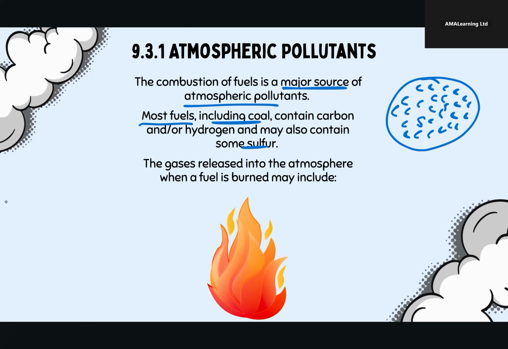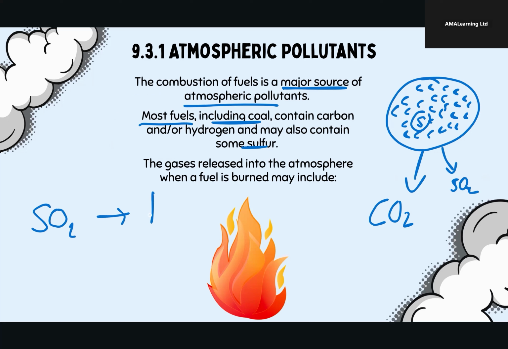Now, when you burn this coal, it releases CO2 predominantly. But that sulfur, when it reacts with oxygen, also releases a small amount of sulfur dioxide. Now, when sulfur dioxide mixes with rain, it turns to H2SO4, and therefore leads to acid rain.